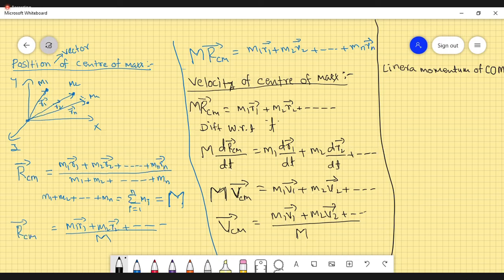I have written a shortcut; you write the full form, or if you understand, you can write the shortcut form only.